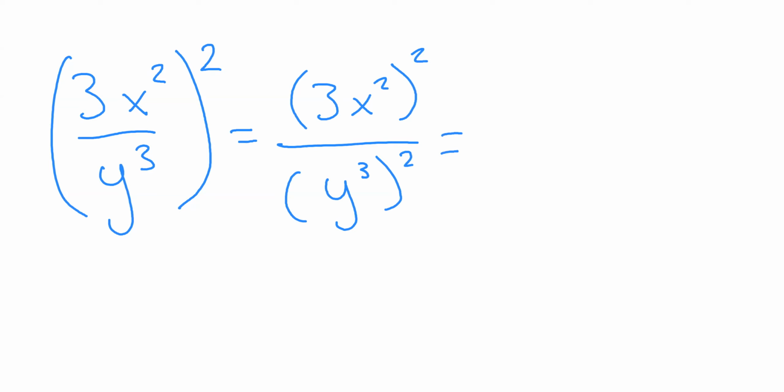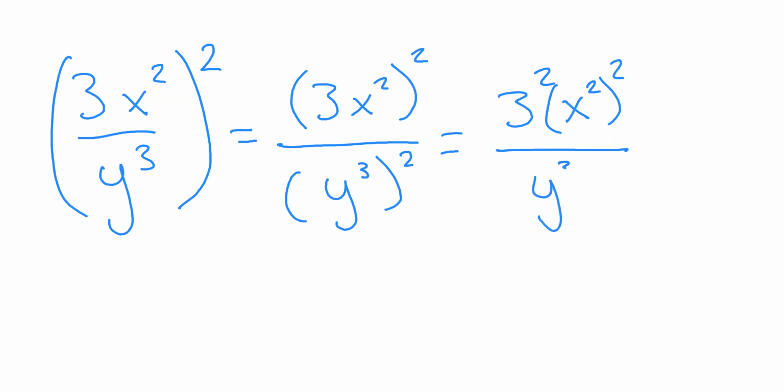So our 3 is being raised to the power of 2, and our x squared is also being raised to the power of 2. And then in the denominator, our y to the 3rd is being raised to the power of 2. So we can simplify that to say that is y to the 3 times 2. All right. So in the denominator, we've got y to the 6th.